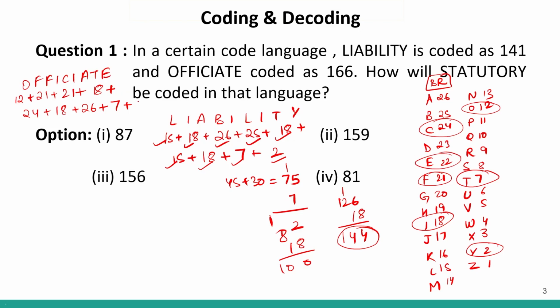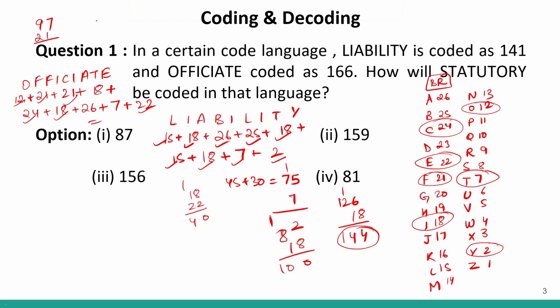E is 22. So if I find the sum, 18 and 22, this is 40, correct? 40 plus 12 plus 24 is how much? 36. 36 plus 21, 57. 57 plus 40 is 97. 97 plus, let us say, 21.